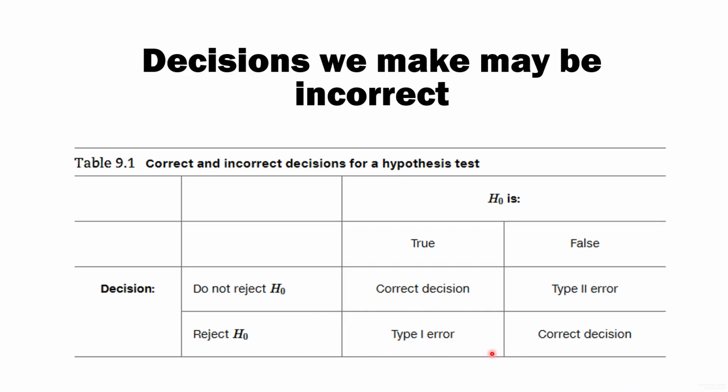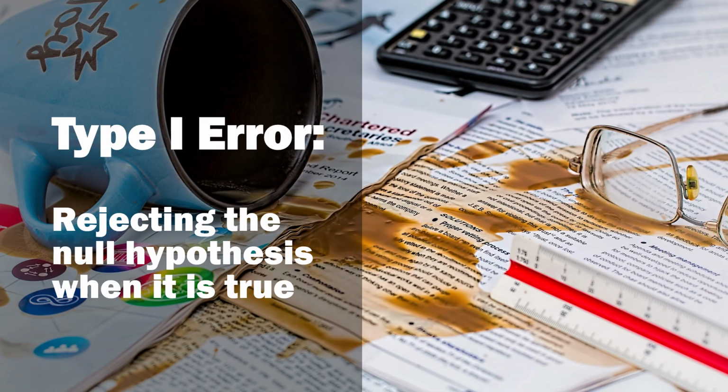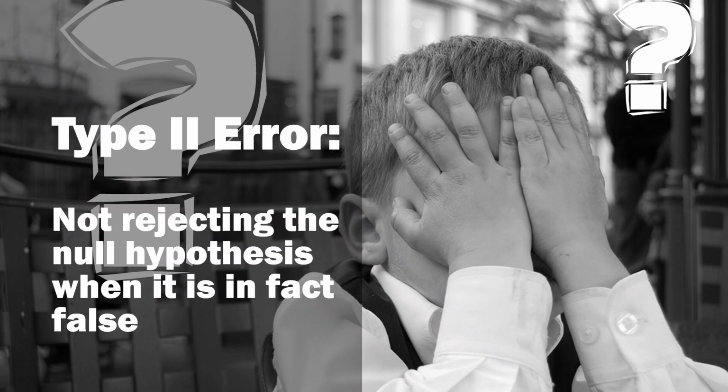In type 1 error, you reject a null hypothesis that ends up being true. In type 2 error, you do not reject a null hypothesis, and it is false. So again, type 1 error is rejecting the null hypothesis when it is true, whereas type 2 error is not rejecting the null hypothesis when in fact it is false.